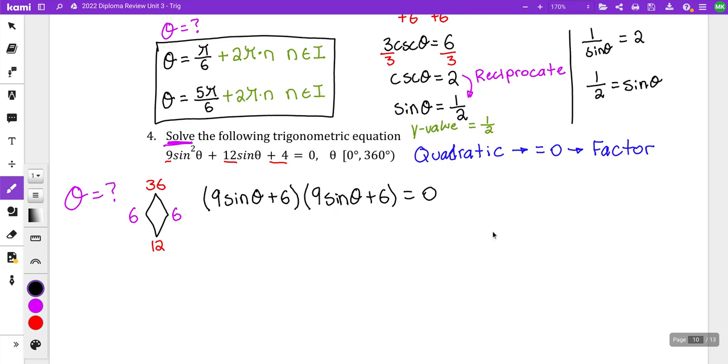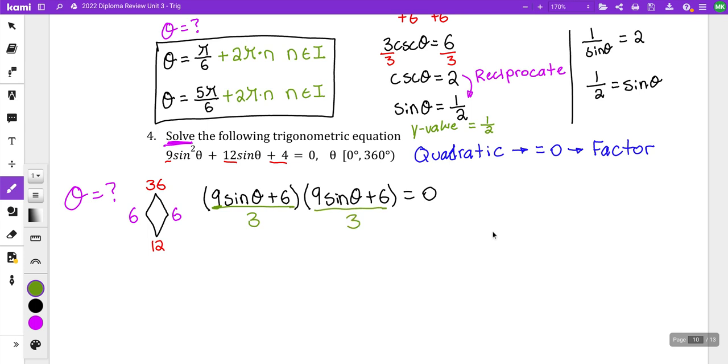Remember, when you're factoring with an A value, you have to divide this A value out of the equation. So you need to divide one of these binomials by 9. If neither one divides by 9, you need to divide by two numbers that would multiply to be 9. So I need to divide the first one by 3, the second one by 3.